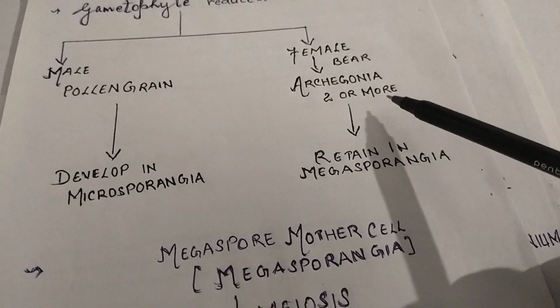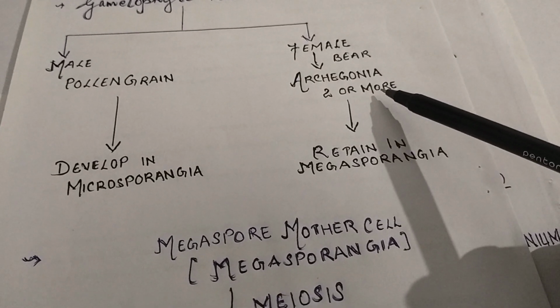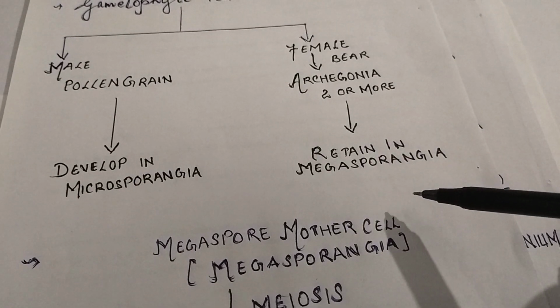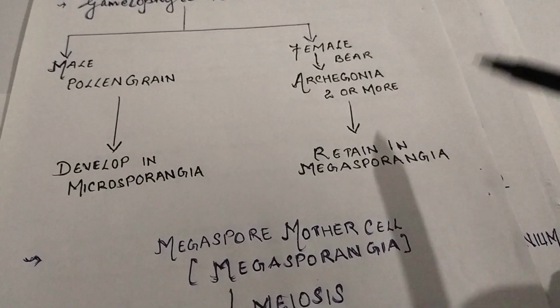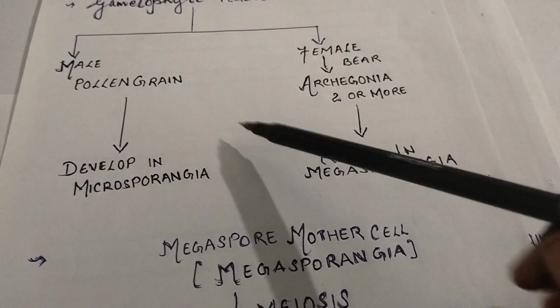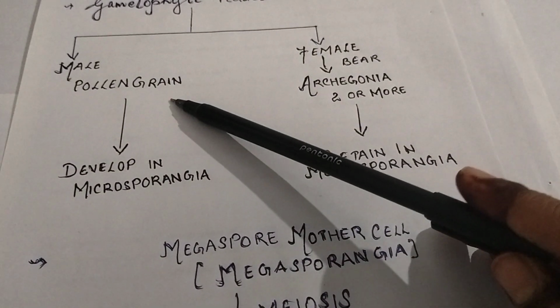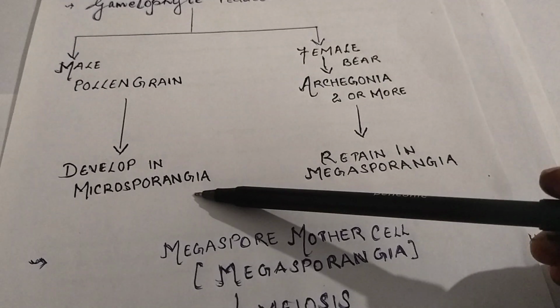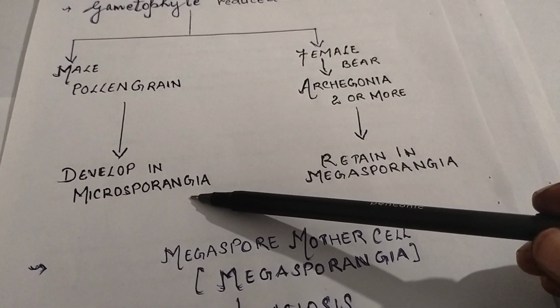This multicellular female gametophyte is also retained in the megasporangia. See, similarly, as the pollen grain, the male gametophyte, is reduced and its development takes place in microsporangia.